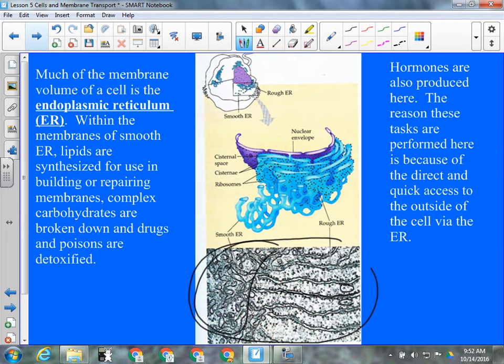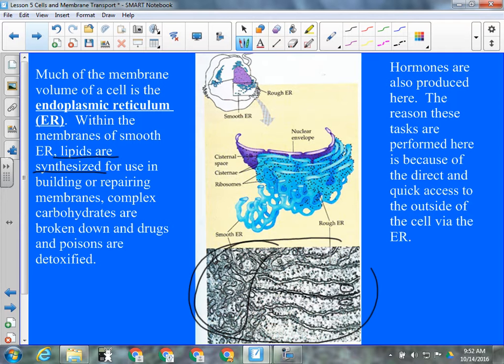So the endoplasmic reticulum. In the smooth ER, there's several things that are getting done. Lipids are synthesized. What are lipids? Fats, yeah. Fats are really, really important. Now I say that, I don't mean go home and eat a big jar of bacon fat. You shouldn't do that.